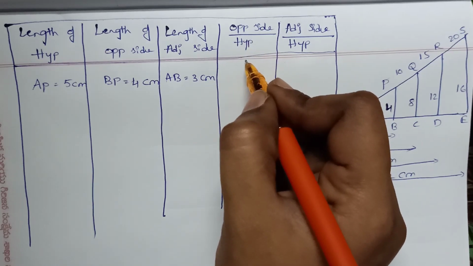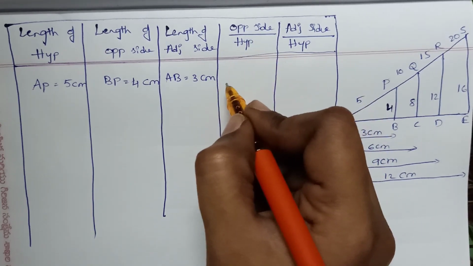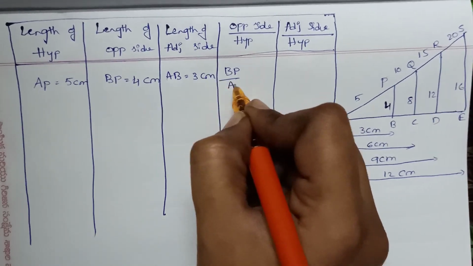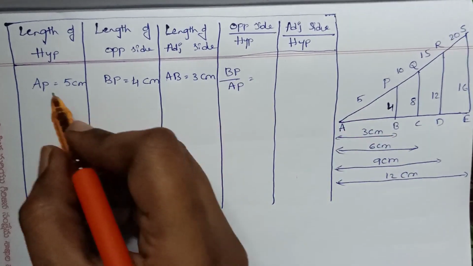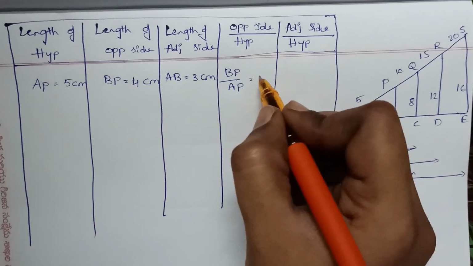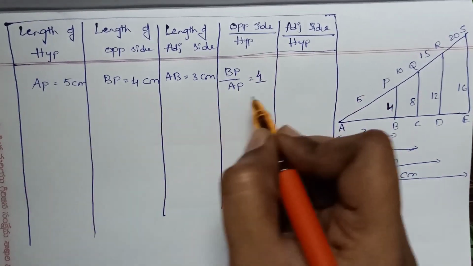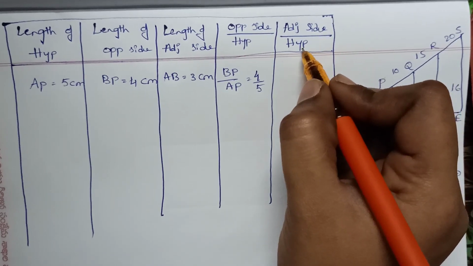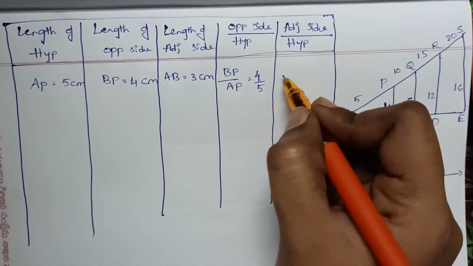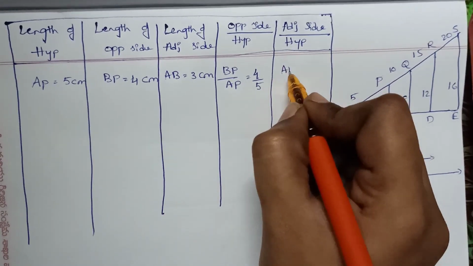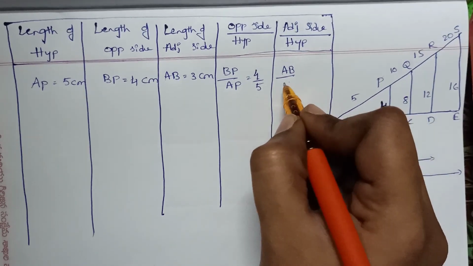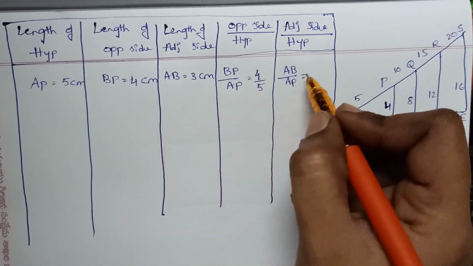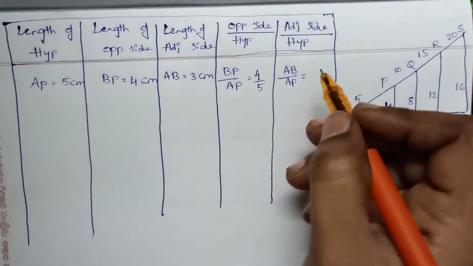So opposite side by hypotenuse, BP by AP, that is equal to 4 by 5. Adjacent side by hypotenuse, that is equal to AB by AP, that is equal to 3 by 5.